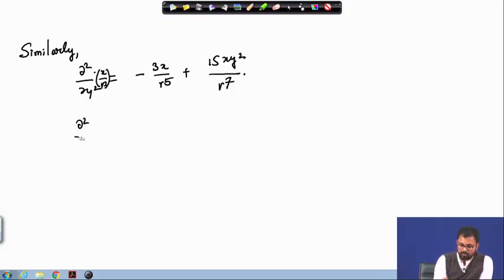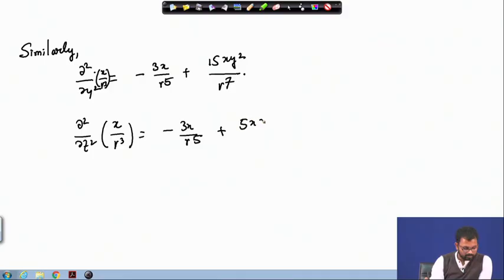And ∂²/∂z² of x by r cube will result into minus 3x by r to the power 5 plus 15 x z square by r to the power 7, all right.